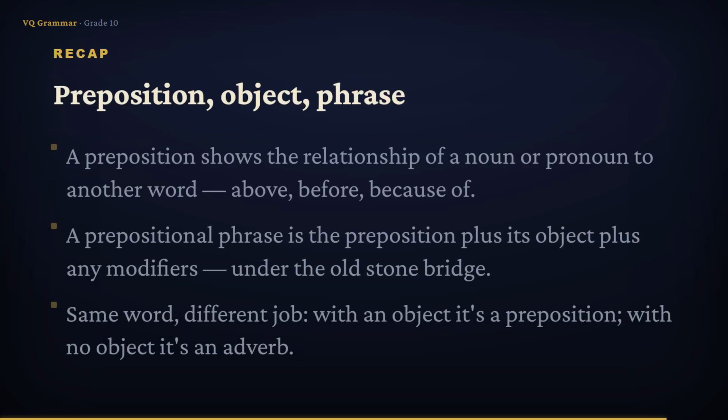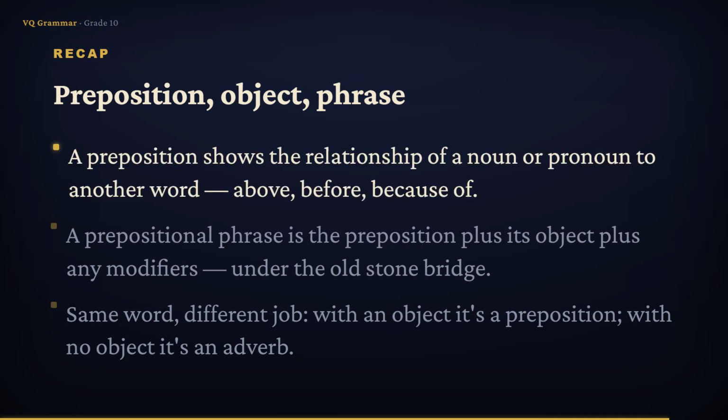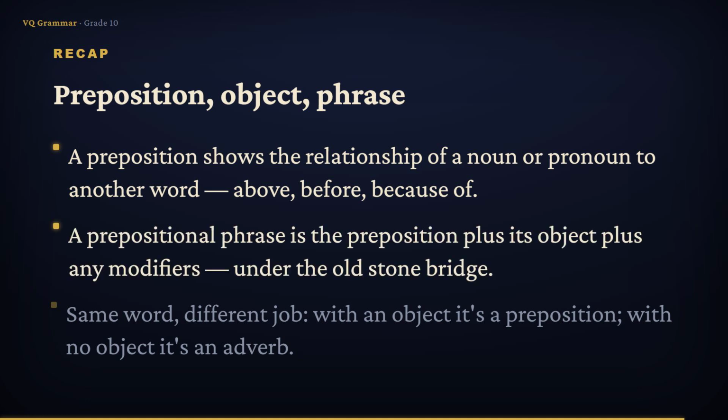Let's gather everything up. A preposition shows the relationship of a noun or a pronoun to some other word in the sentence. Words like above, before, and the compound ones like because of. A prepositional phrase is the preposition plus its object plus any modifiers, all working together, the way under the old stone bridge does.